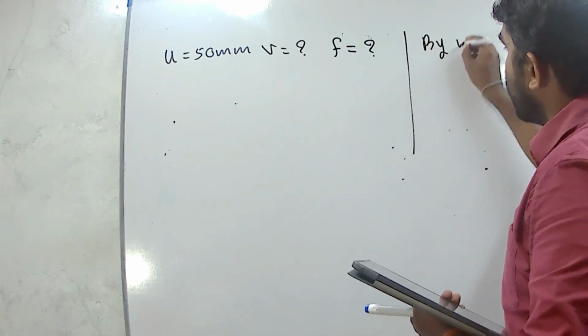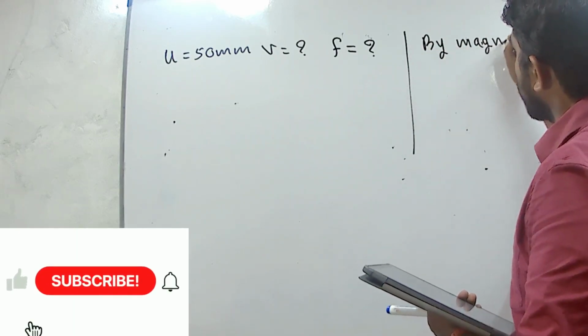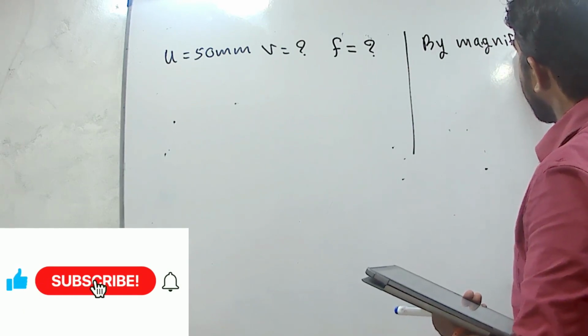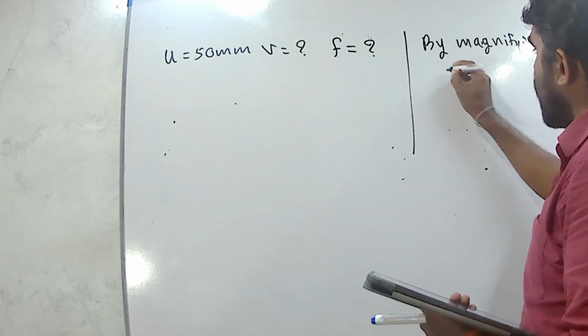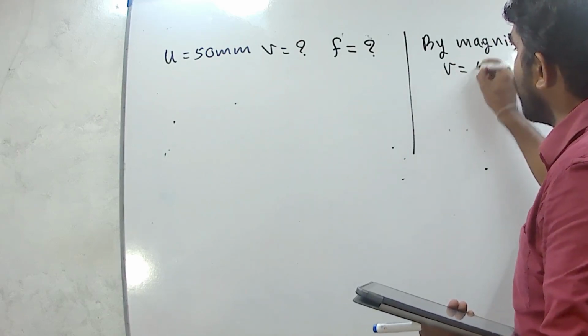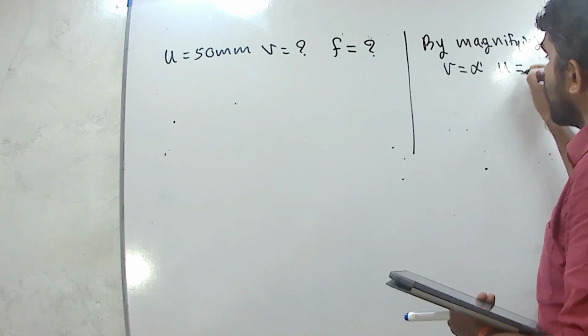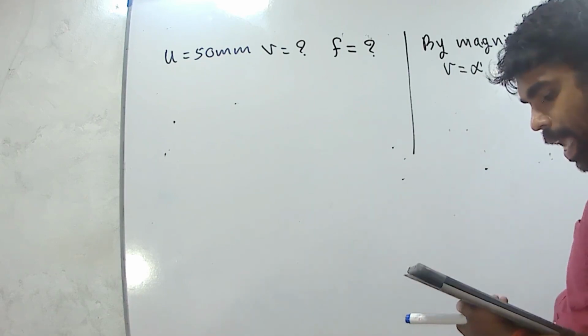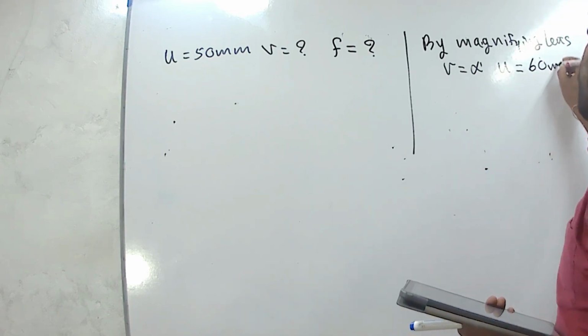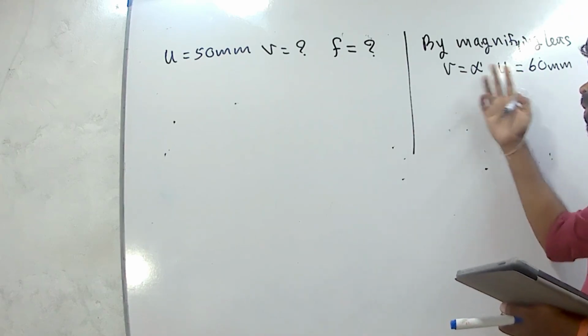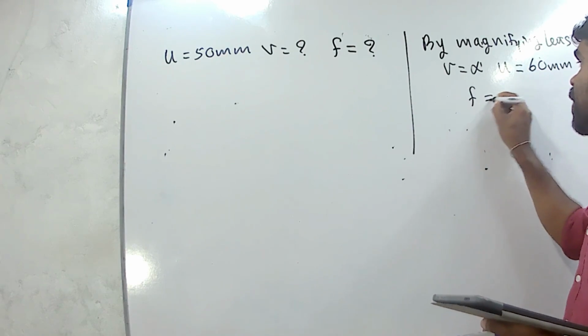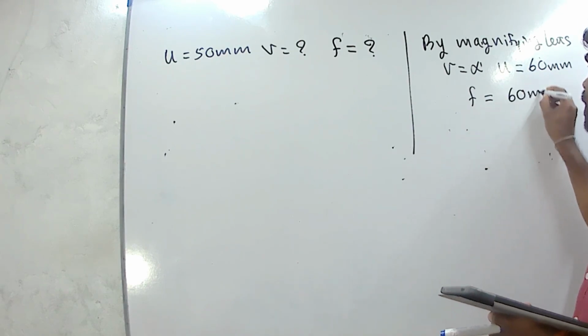By the magnifying lens, an image should be formed at infinity by using an object at 60 millimeters. Therefore, the focal length of the magnifying lens should be 60 millimeters.